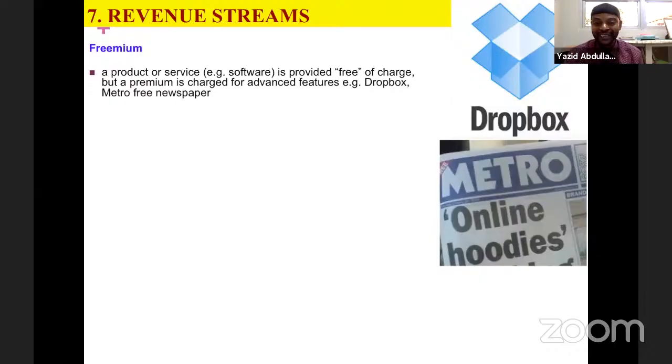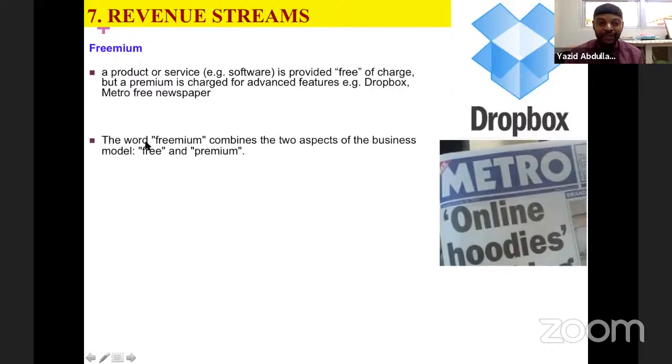And in the beginning, you're like, okay, let me go and delete some files from Dropbox. Eventually, you get tired of deleting and your Dropbox account gets filled up. You start getting a lot of emails from them. You have to register to get extra space. And eventually, you start paying. That's how they make money. They offer some people free, but sometimes they charge. This is called freemium. It's a combination of 2 words. Free means you offer something free. Premium means you charge some other people, people that want more space, or people that want advertising, and all of that.